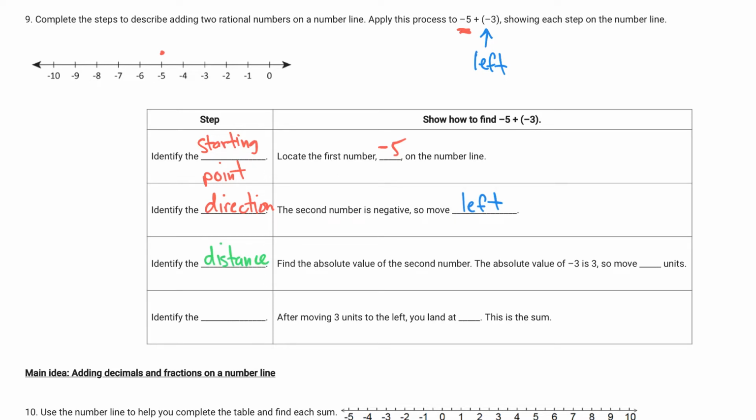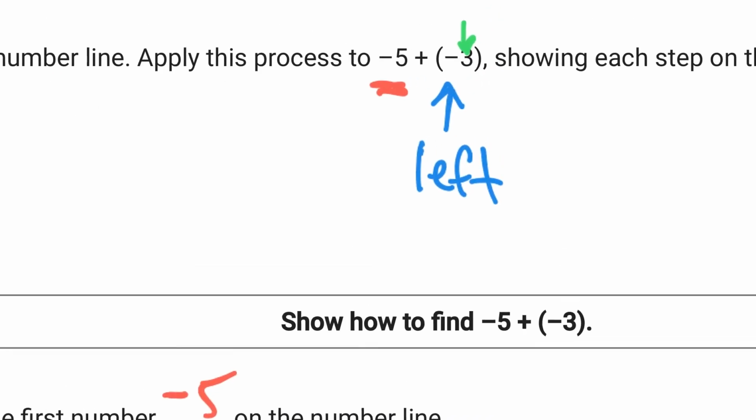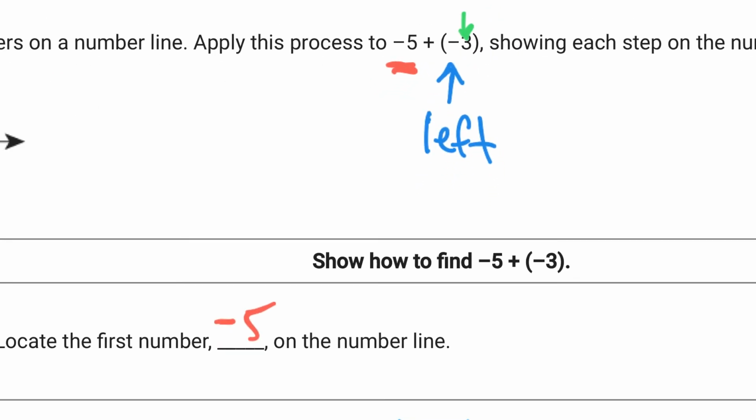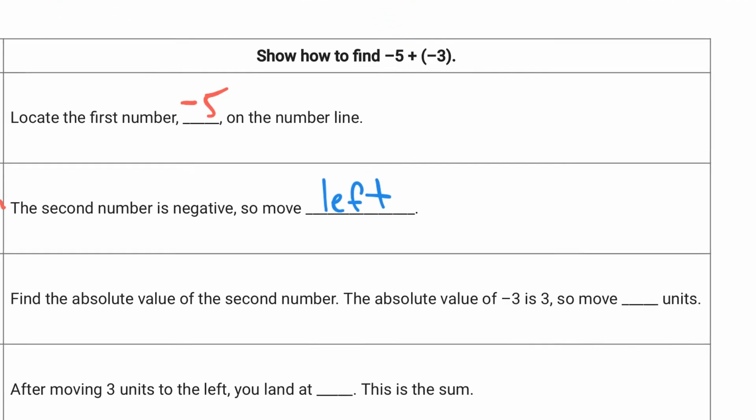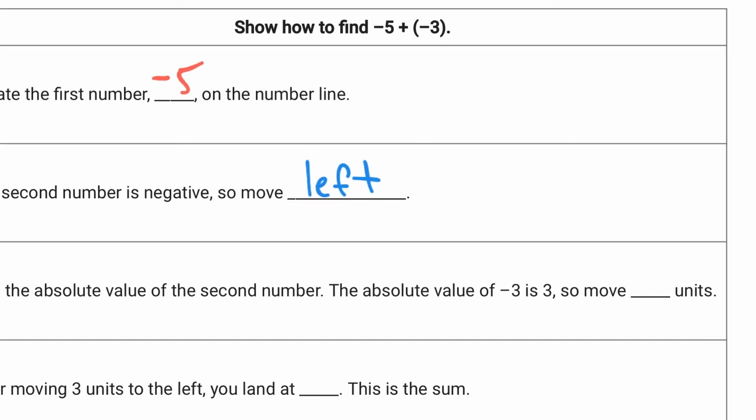And that distance is right there. That little 3 right there that I put the green on is telling me that I have to move 3 units, because it's talking about the absolute value. I don't care if it's positive or negative. I just want to know what the absolute value is. What is that distance I have to move, which is always positive.